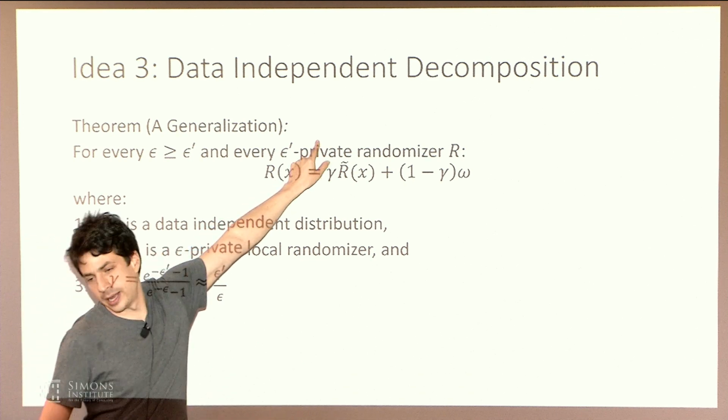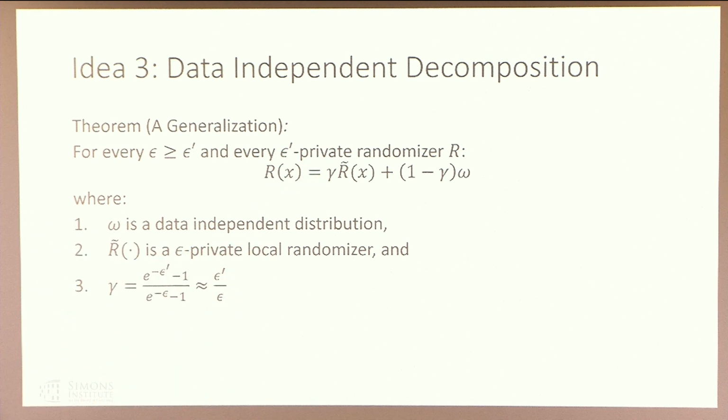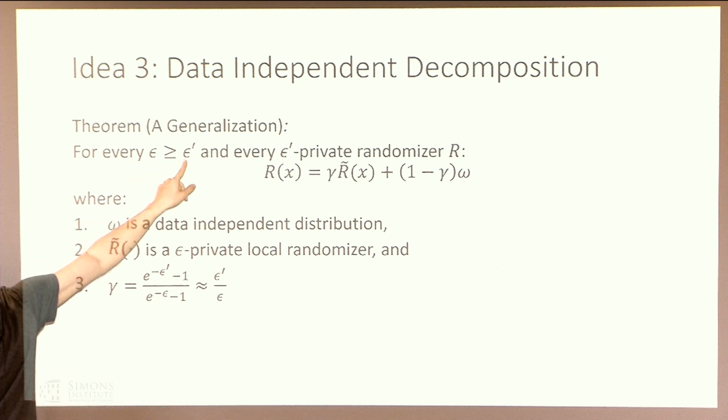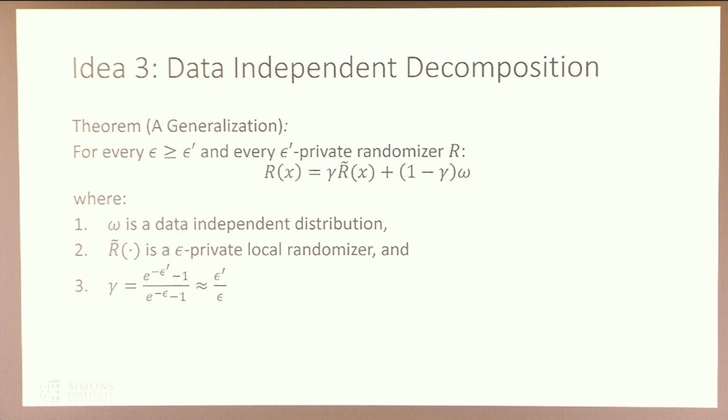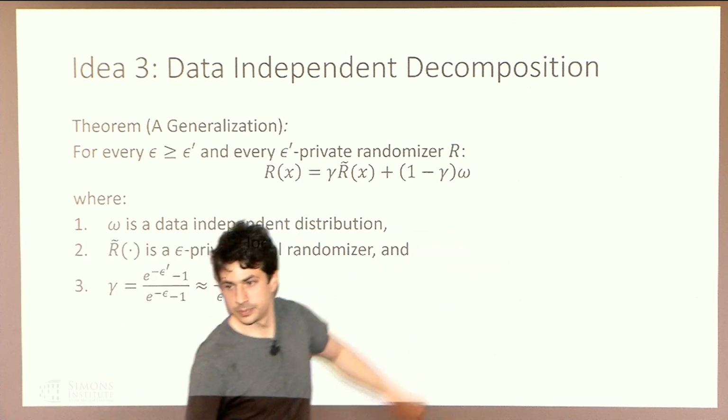Suppose you've got an epsilon prime private randomizer R. And now pick some epsilon which is bigger than epsilon prime. I can decompose your randomizer R into, again, a mixture of two distributions. One of them is going to be data independent.